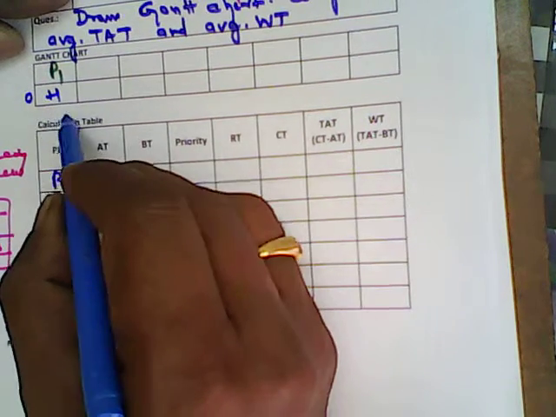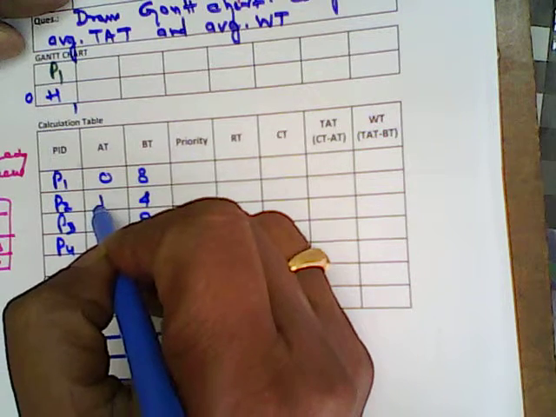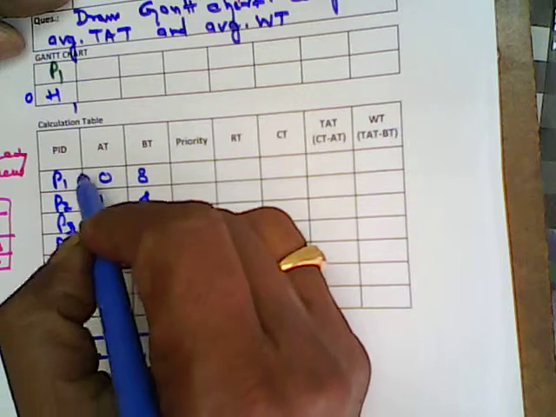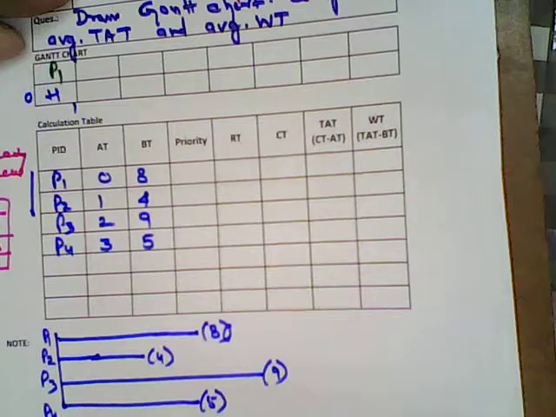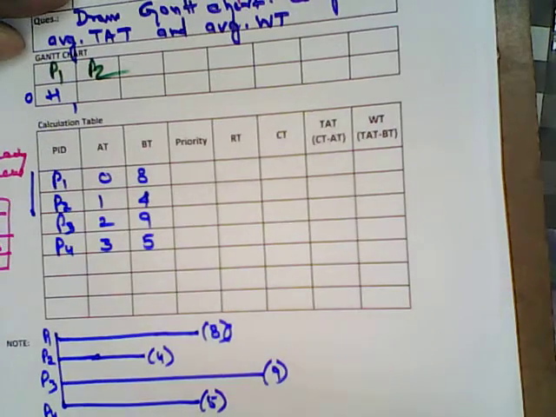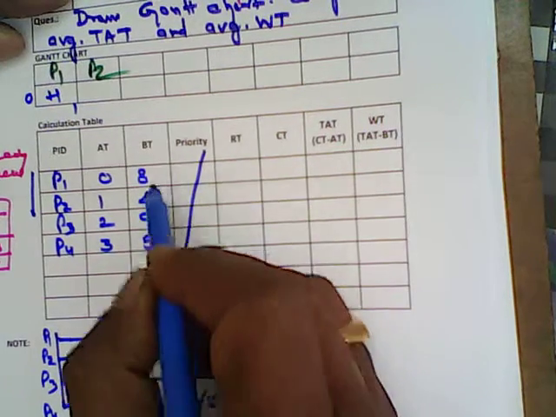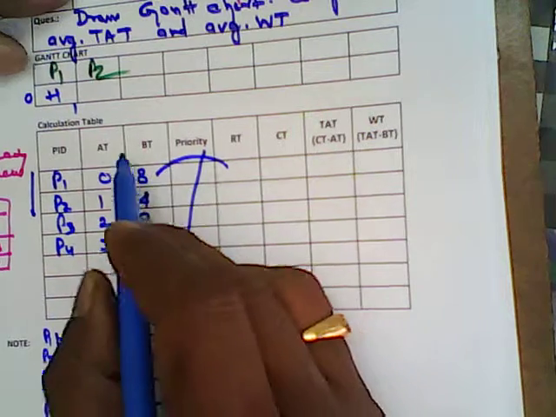What you are observing is that after 1 unit of time, it is equal to the arrival time of process P2. So we can put process P2 here. Since P1 has run, I am putting the remaining time as 8 minus 1, so it becomes 7.